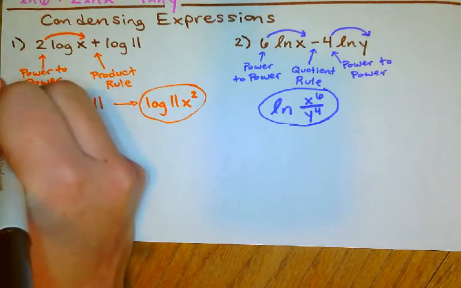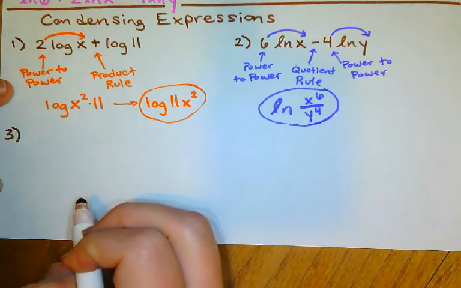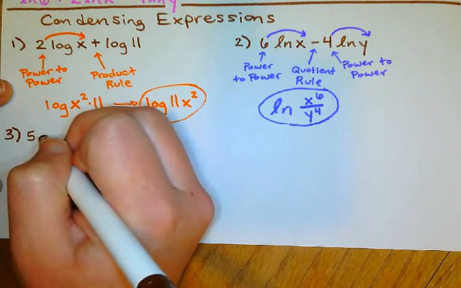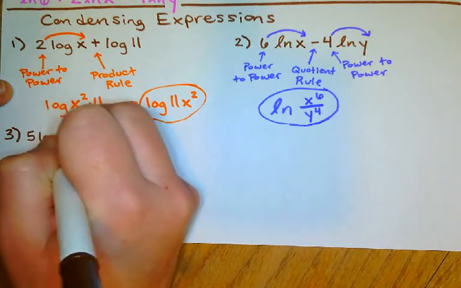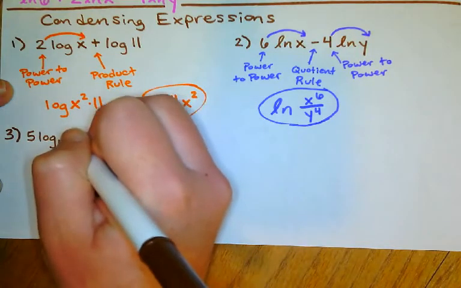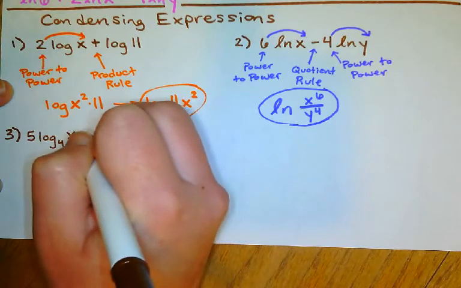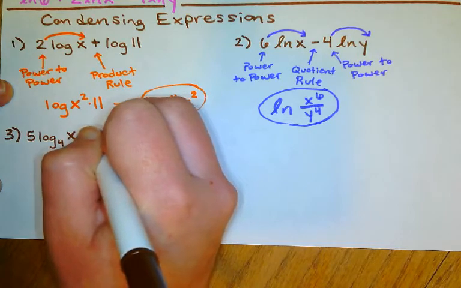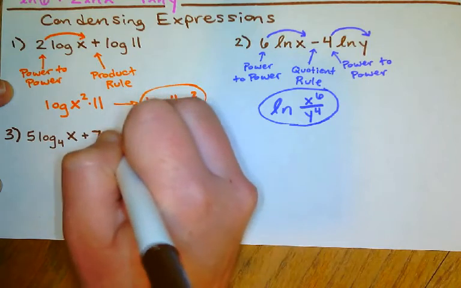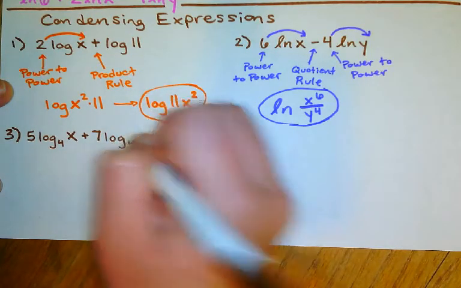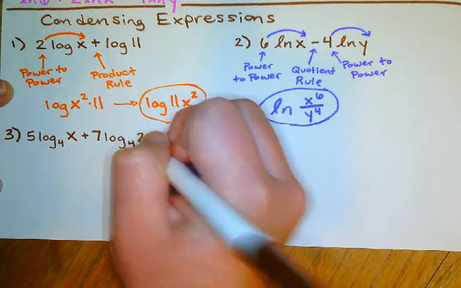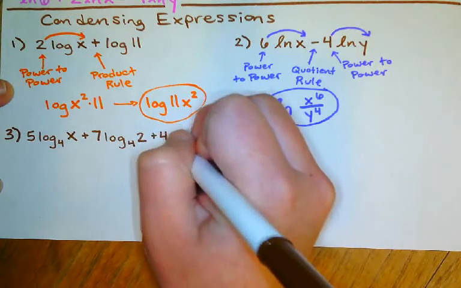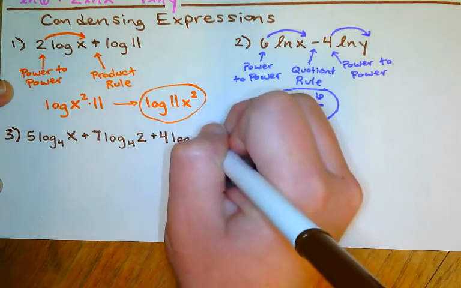Alright, so example 3, let's say we've got 5 log base 4 of x plus 7 log base 4 of 2 plus 4 log base 4 of y.